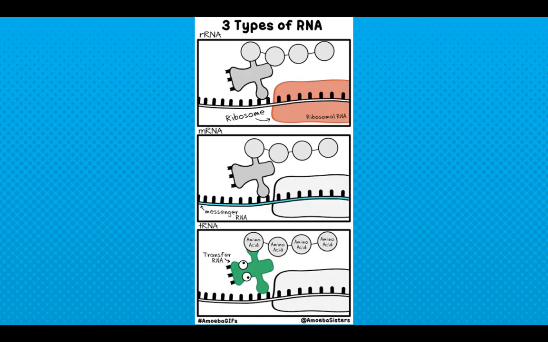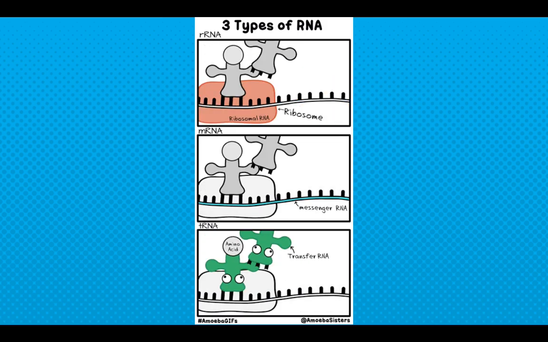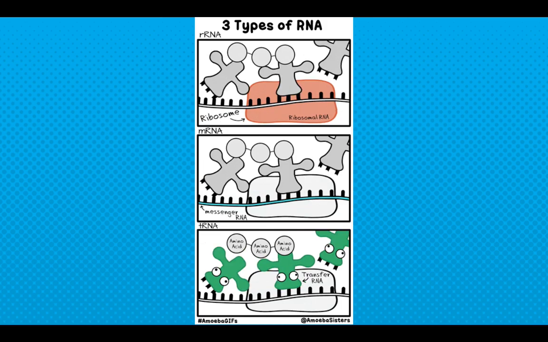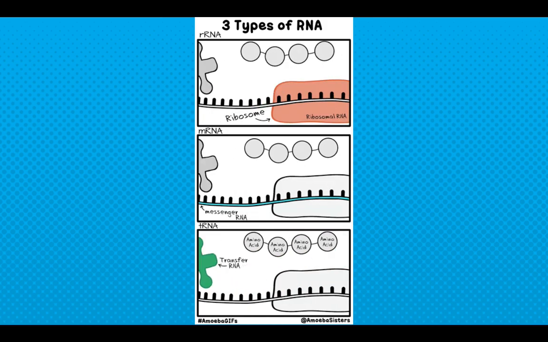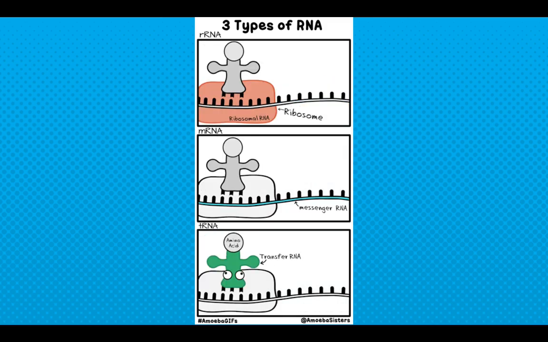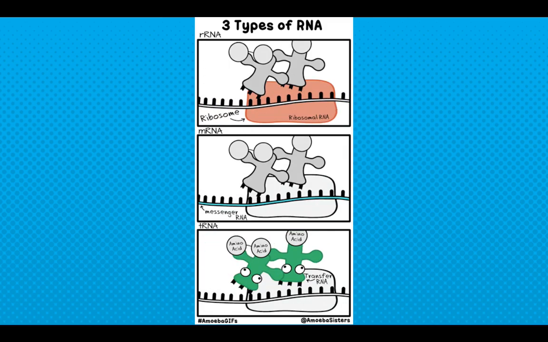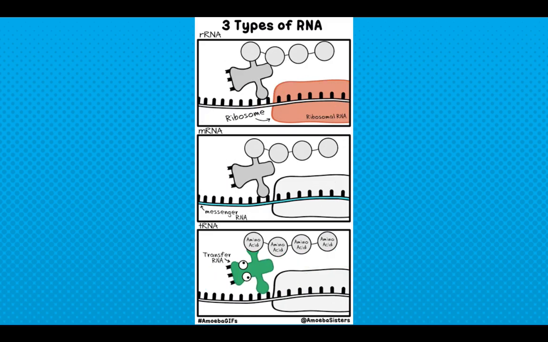At the top you have the rRNA, which is the ribosome. In the middle you have the messenger RNA, and that's the blue strand on the bottom in that picture. And the messenger RNA is what the tRNA is using and reading to bring amino acids to the ribosome. And remember, amino acids are the building blocks of proteins.